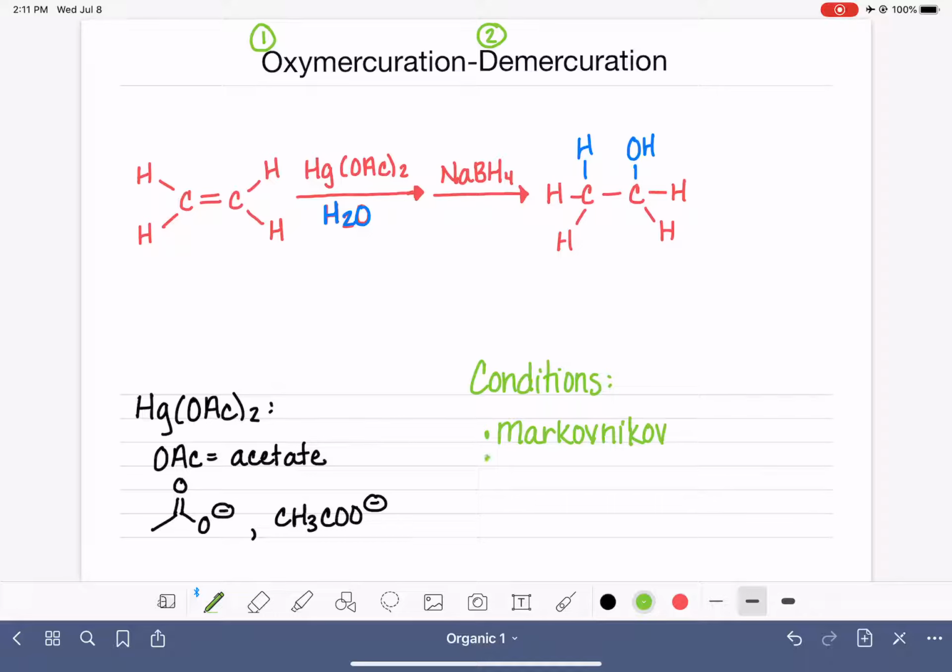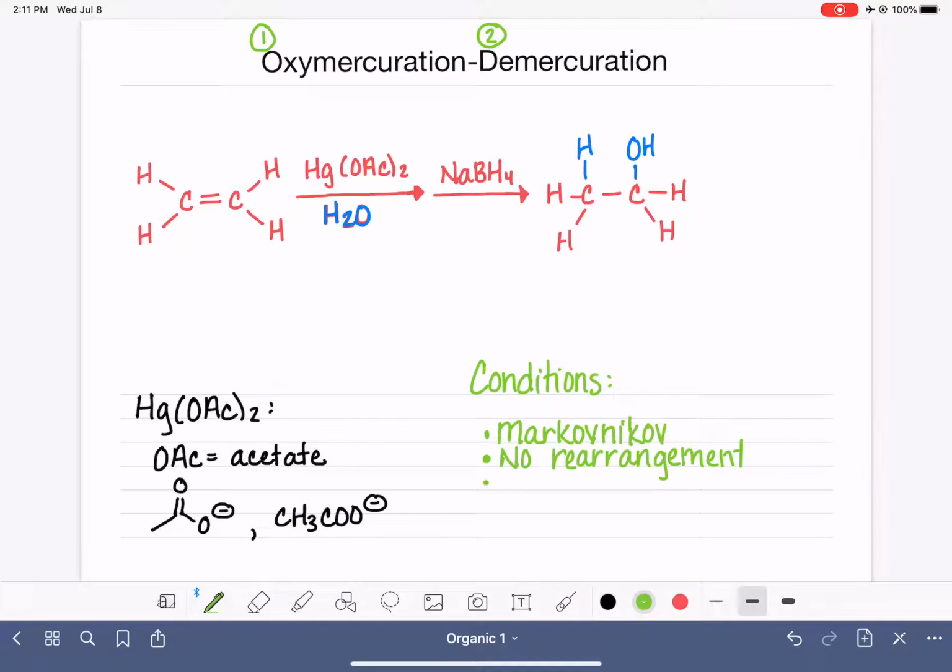The reaction undergoes no rearrangement. There is no carbocation intermediate formed in the mechanism for this reaction, which means that there's no possibility for rearrangement. So this reaction differs from the previous hydration reaction that we've looked at in this aspect, that rearrangement is not a possibility.